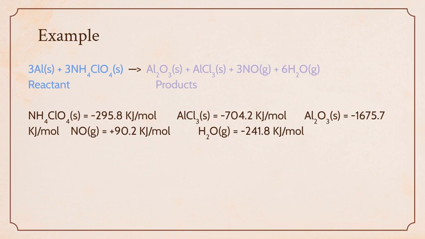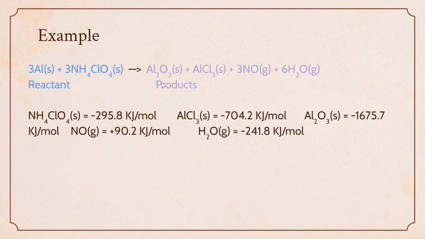Okay, so this is an example that I have for you to show you how you can solve for molar enthalpies. The blue here is the reactants, and the purple is the products, just so you know which one is which and it's more clear so you can follow along better.